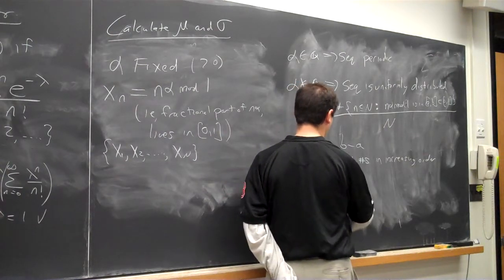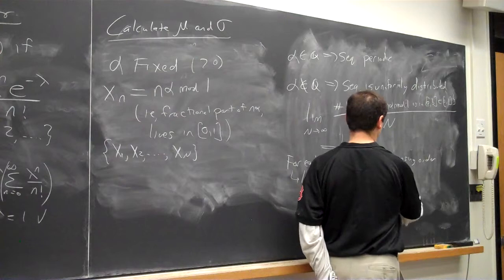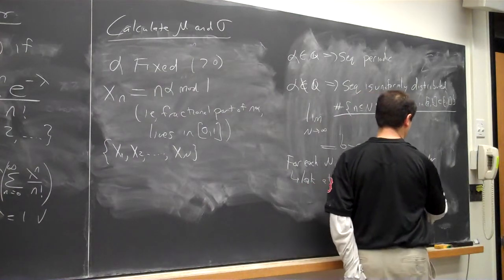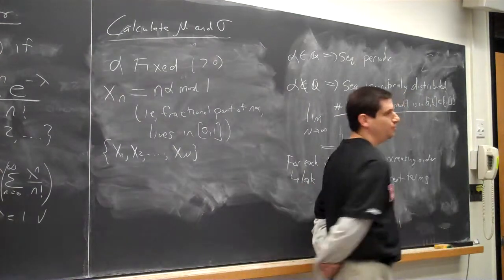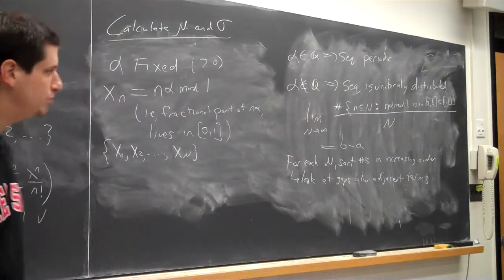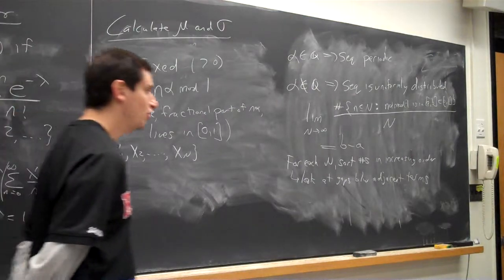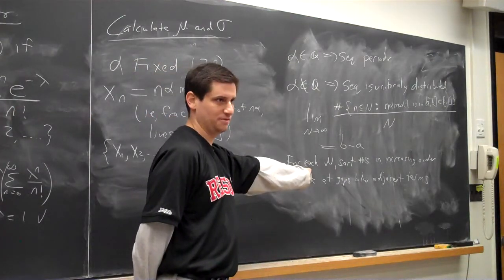Look at gaps between adjacent terms. For extra credit, you can use Excel or Mathematica. Do this for a couple of values of n and a couple of different values of alpha, and report to me on what you find. It is absolutely shocking what you will see.